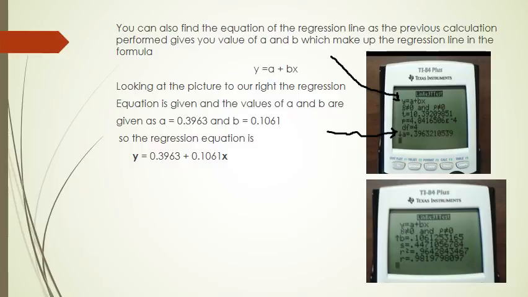We also see the value of A as 0.3963210539, and the value of B as 0.1061253165. If we approximate those values as A equals 0.3963 and B equals 0.1061, the regression equation y equals A plus bx will be given as this. That's easy, right?